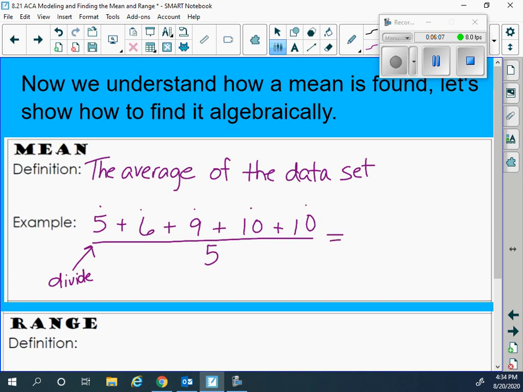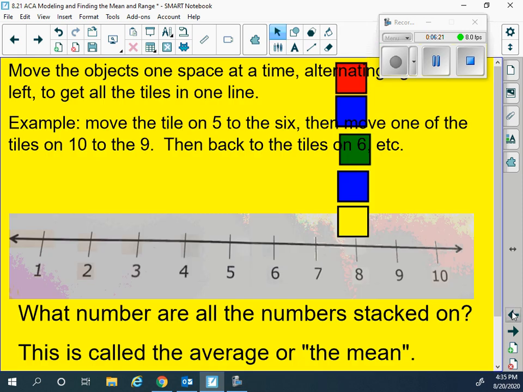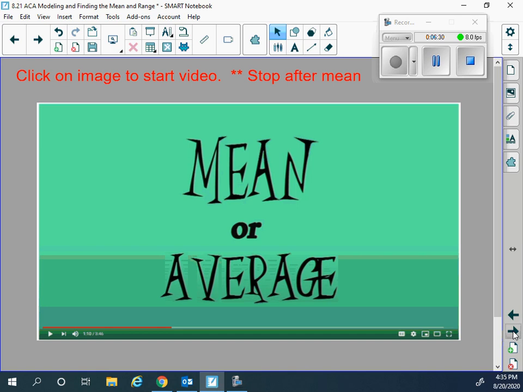So if we add 5 plus 6, that's 11 plus 9 is 20, 30, 40. 40 divided by 5 is 8. If you'll recall, back when we did that first example, remember this one, they all landed on the 8. It's the same thing. This was just a model of how to do it versus the definition.